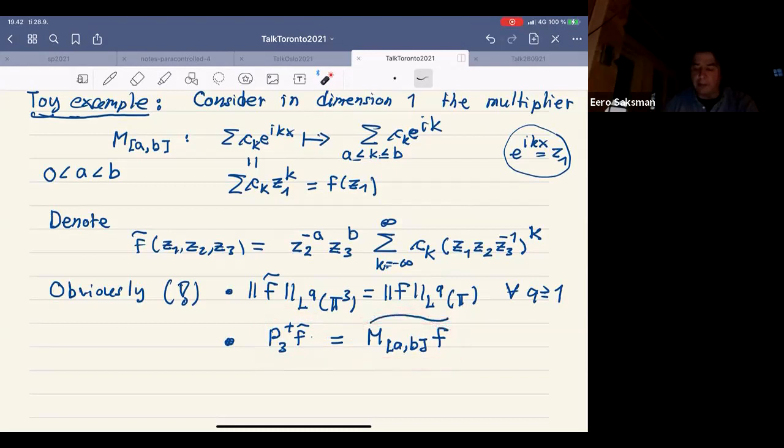When I apply the 3-dimensional Riesz transform, it kills all the terms between A and B by the definition of the Riesz transform.